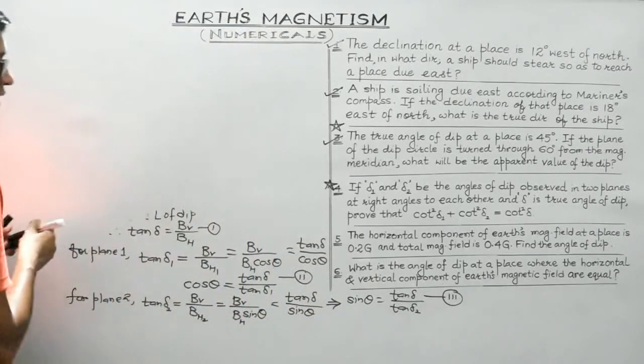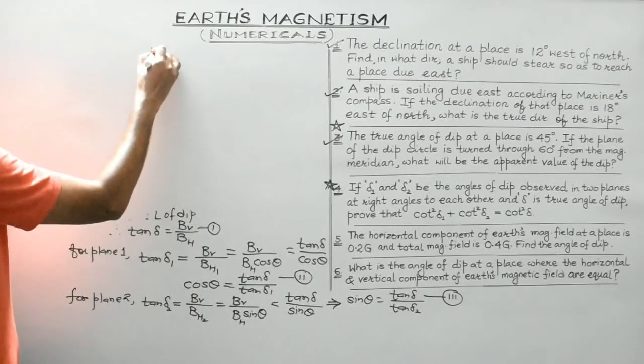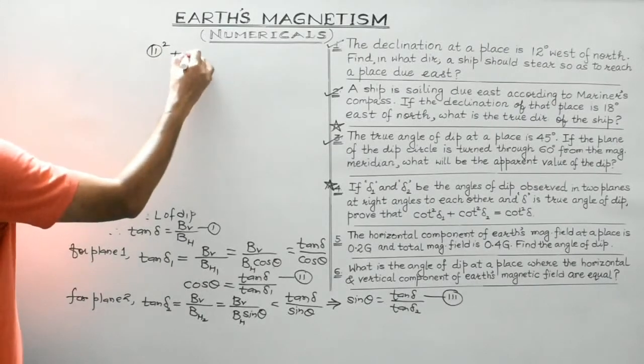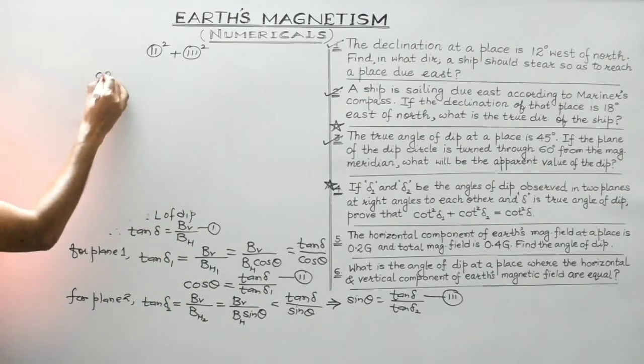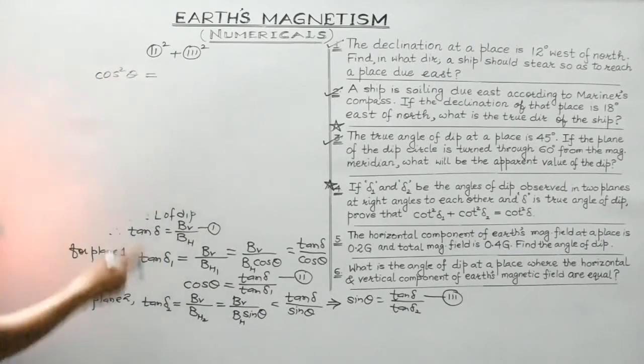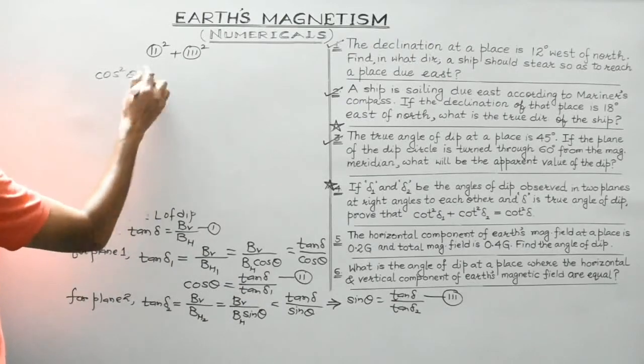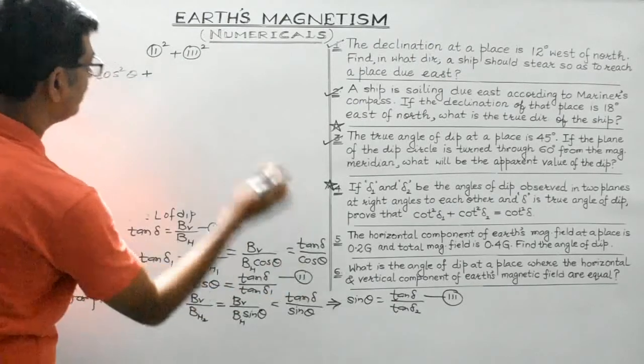It will get eliminated. So what we do is second square plus third square. Second square is cos square theta, first the left hand side, plus sin square theta.